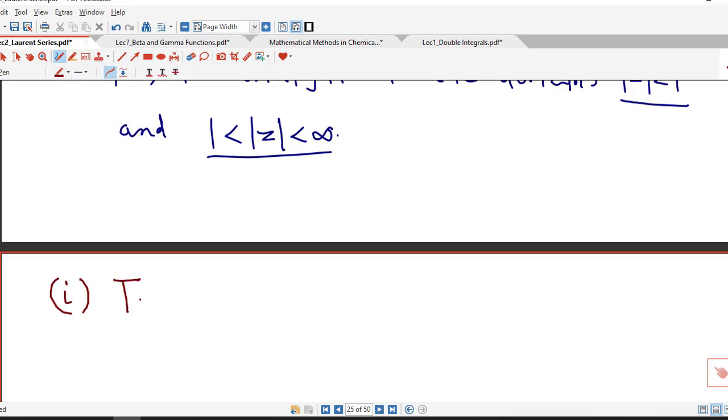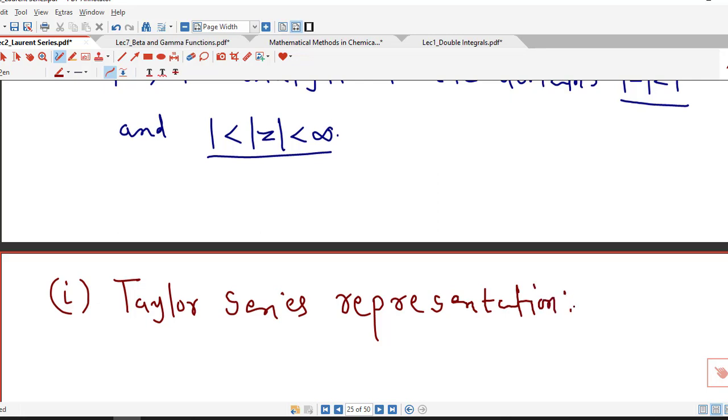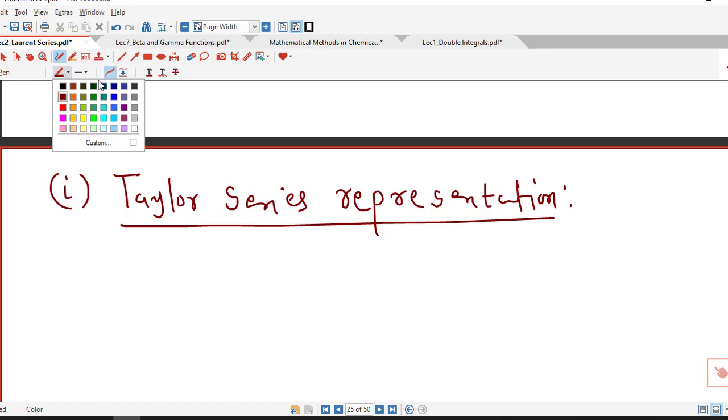So for the first part we consider the Taylor series representation. So now first we write down the Taylor series representation.